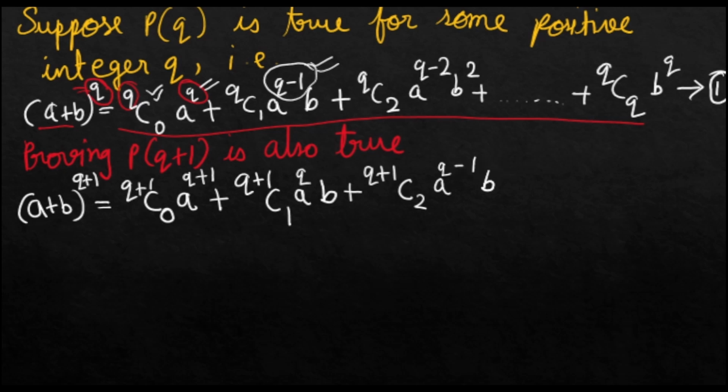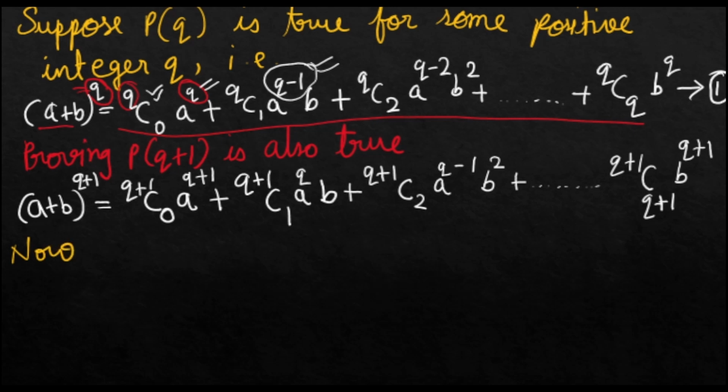And b's power goes on increasing, so I will write b square plus, it will go on like this, and I will pick the last term. And our last term is q plus 1 c q plus 1, and b's index is q plus 1.